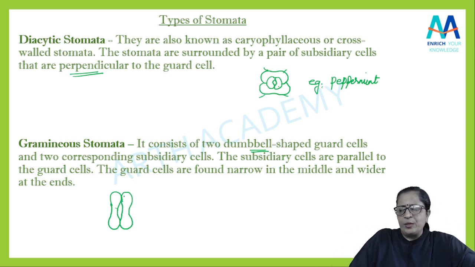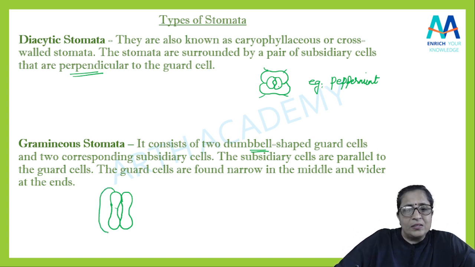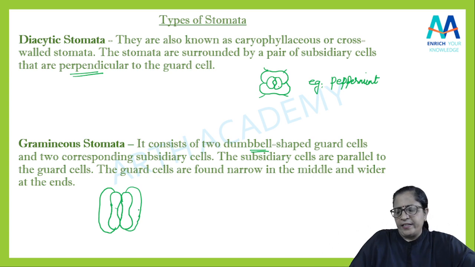This is dumbbell shaped guard cells, and to them they are this subsidiary cells. It will be parallel to this. This is one subsidiary cell and this will be the another subsidiary cell. इस तरह से subsidiary cells रहे.